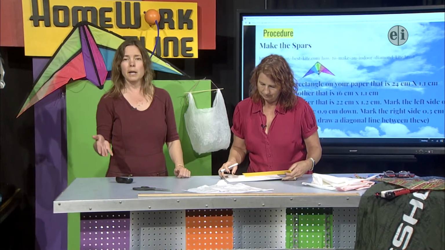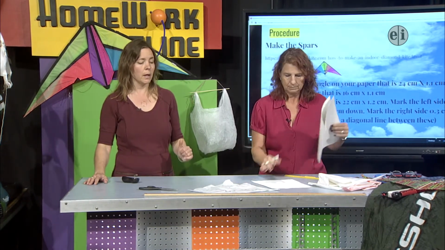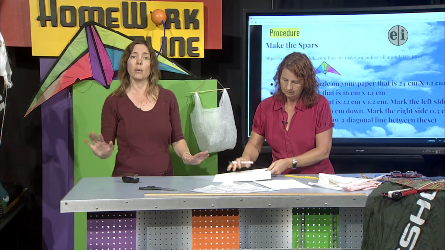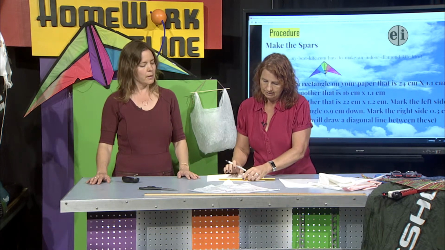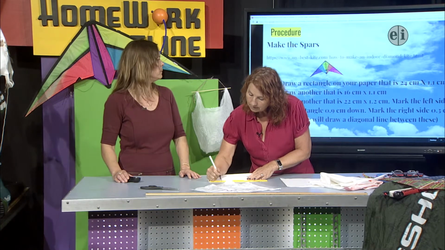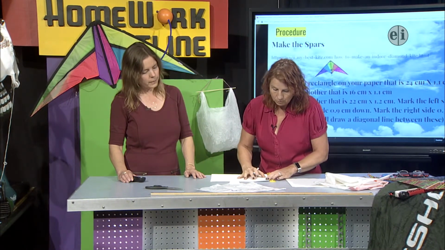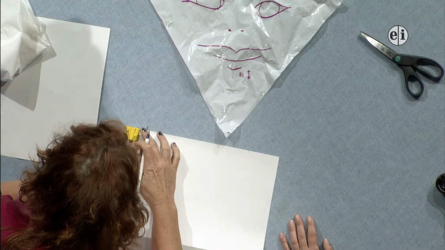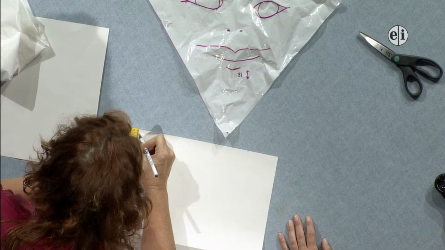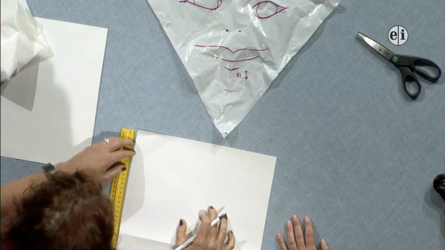If you go to this website, the designer of this kite has it in both centimeters and inches. So we're doing 24 by 1.1. 24 right there, and then 1.1 centimeters. Wow, that's very specific, isn't it?